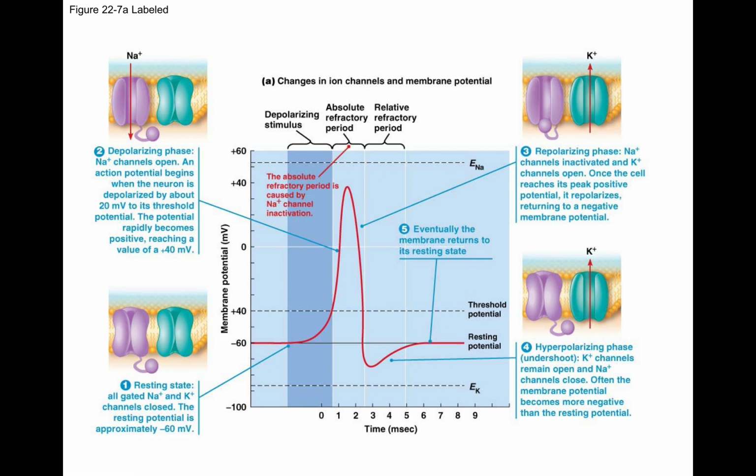If you measure a bunch of different cells, they're not all going to be at minus 60, and different books might not all talk about minus 60. But for a generic neuron, minus 60 is considered the resting membrane potential.